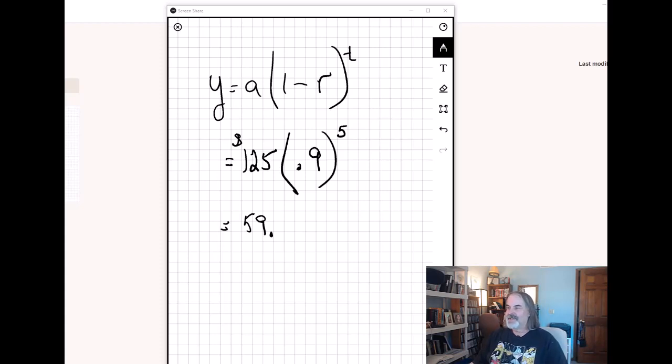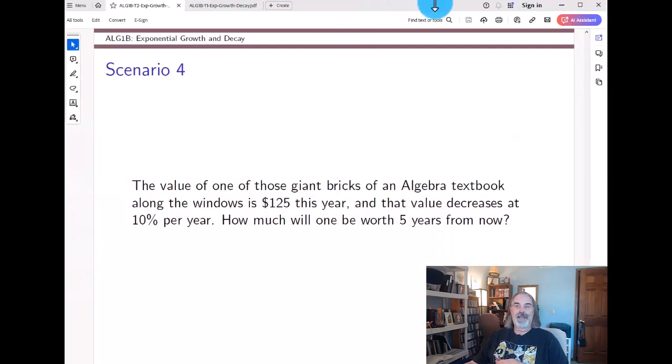To round that to cents, I want 2 decimals, so 0.787 is going to round to 0.79. So after 5 years, that thing that was worth $125 is now worth $59.79. This is not a lucrative business. That's why they always update to new editions, so that they can keep charging more and more and more. All right, so that is exponential growth and decay problems at this basic setup.